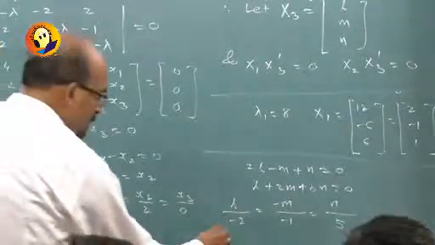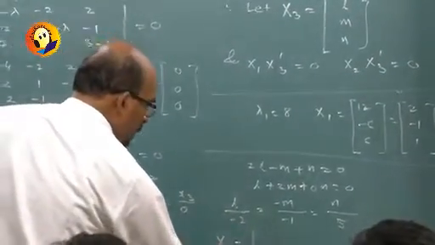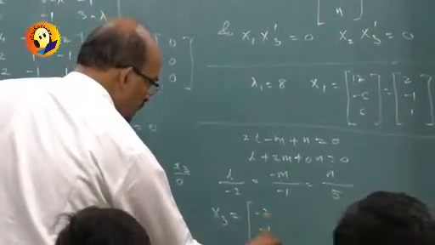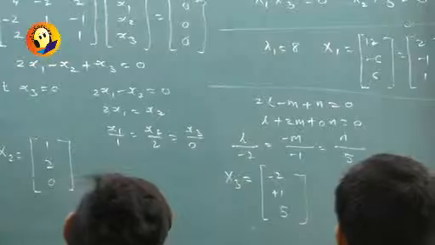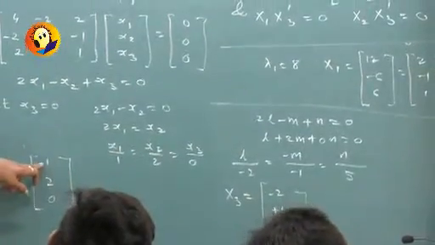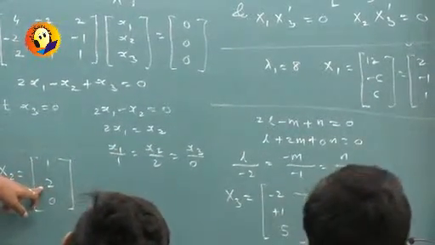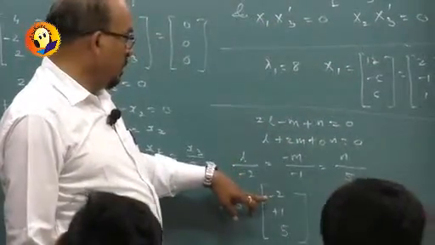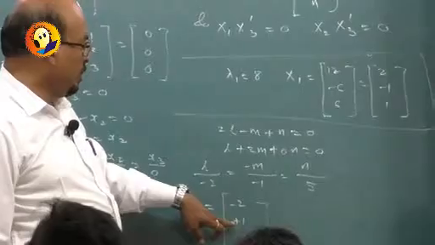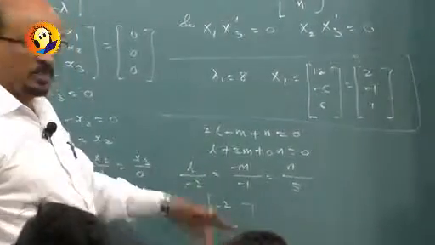And so capital X3 comes out to be minus 2, minus 1, 5, plus 1, 5. Is it orthogonal? 2 plus minus 2 plus 2 is 0, and over there it is minus 4, minus 1 plus 5 is 0.